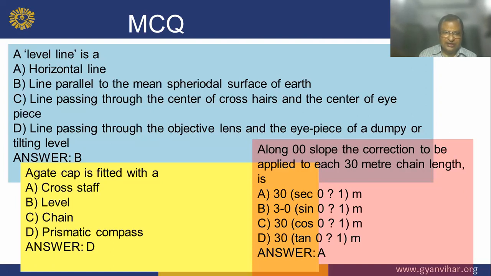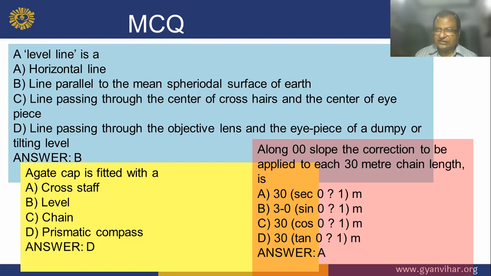Next question, a gale's traverse table is fitted with a cross staff, level, chain, prismatic compass. Correct answer is the prismatic compass, answer D. And the last question, along zero slope, the correction to be applied to each 30-meter chain length.